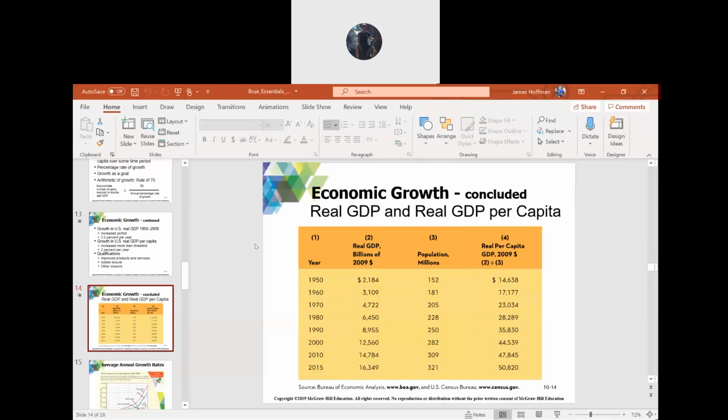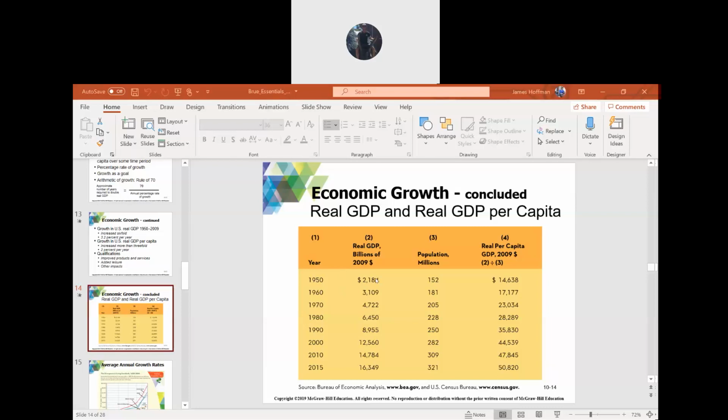All right, so GDP per capita is very easily calculated. You take the population and you divide GDP by the population. So in different years, this is real GDP, this is the population, and you want to see it as a per person indicator. So this divided by this, and this is real GDP, or an estimate of it, in 2009 dollars.